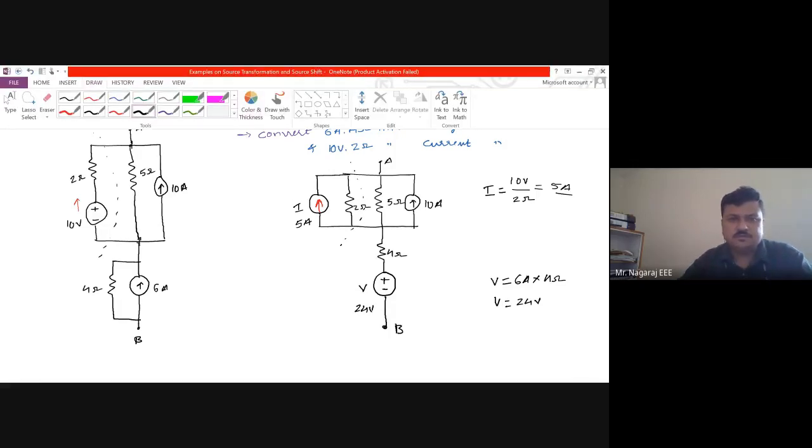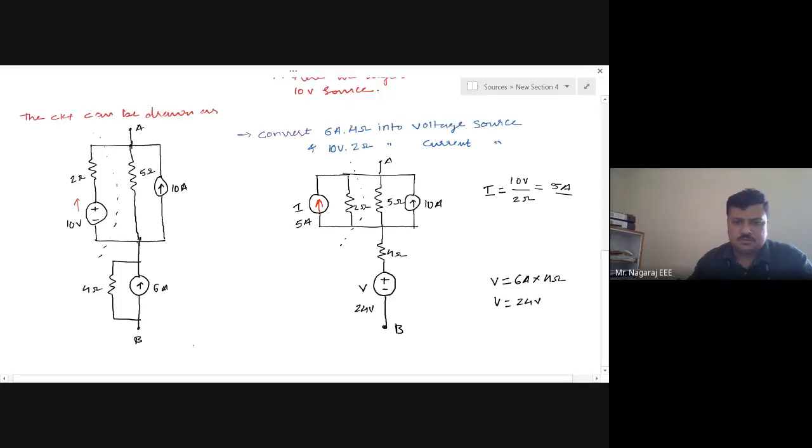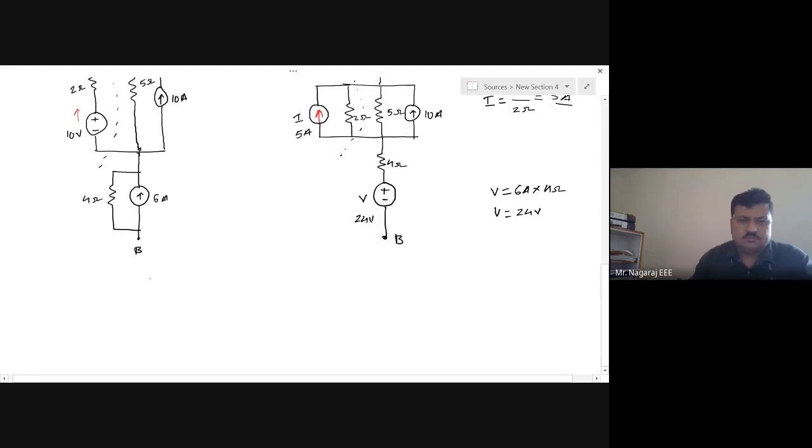So we'll write a note. From here to here, take effective value of current sources 5 amp 2 ohms and 10 amps 5 ohms.